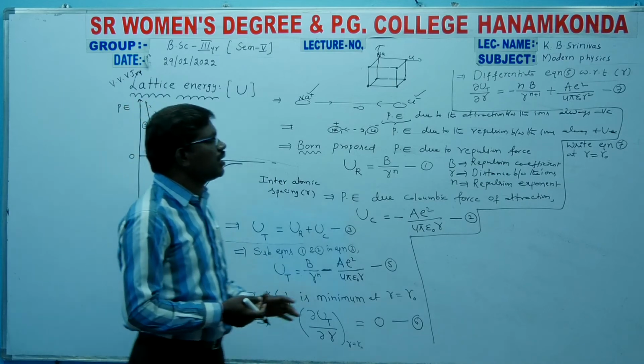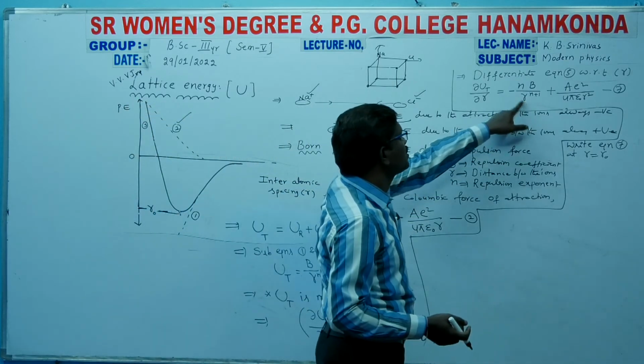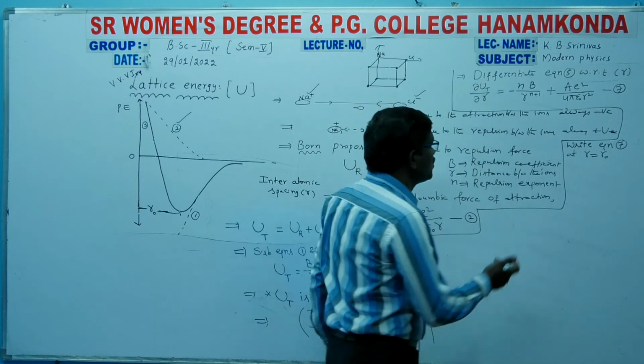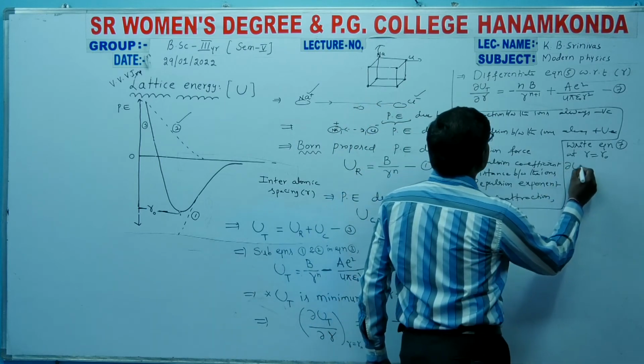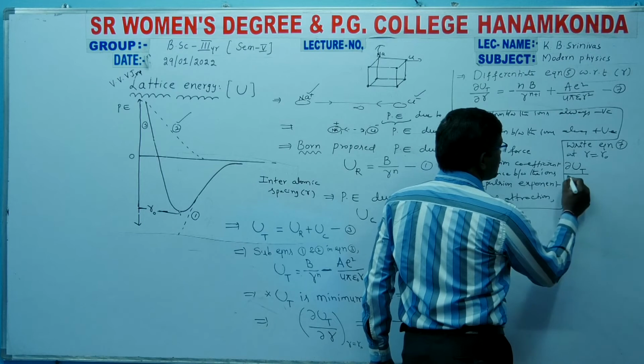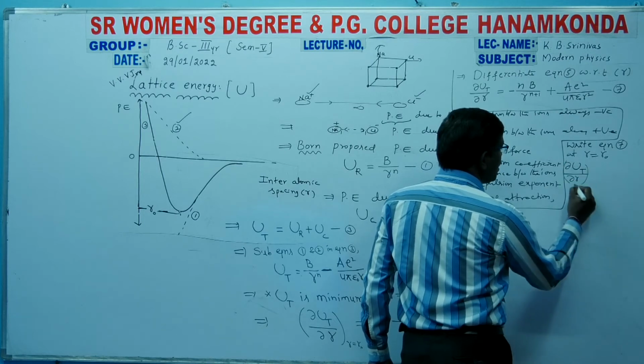When r is replaced by r naught, this LHS becomes how much? 0. That is dou U by dou r at r is equal to r naught.